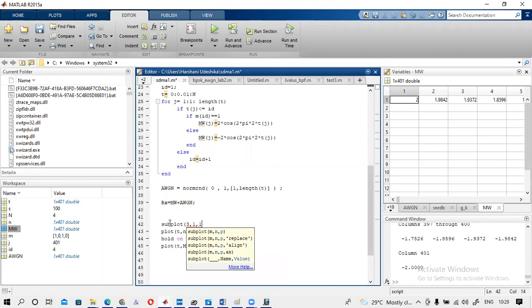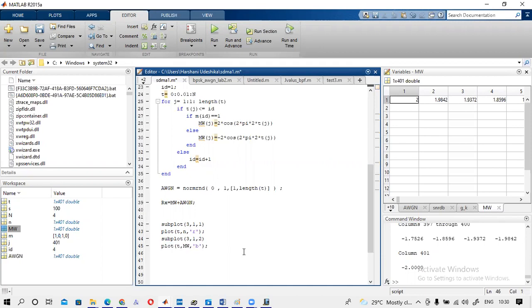So this will be our first position, and this will be our second position, so here we have to put 2. In the first row we have the unipolar line coded signal. In the second row we have the modulated signal, or transmitted signal.